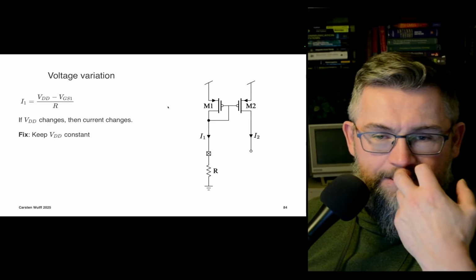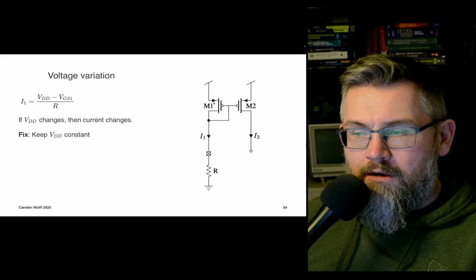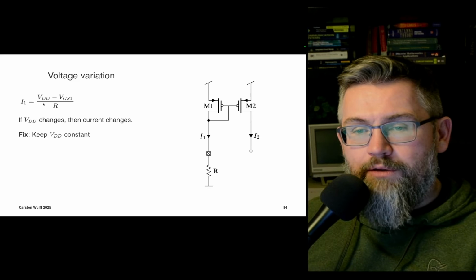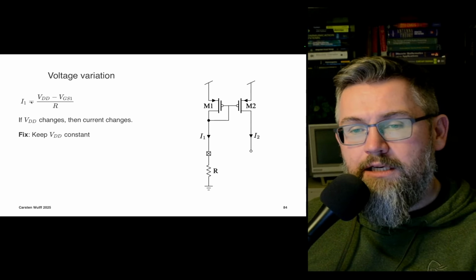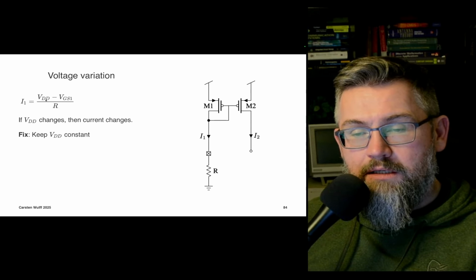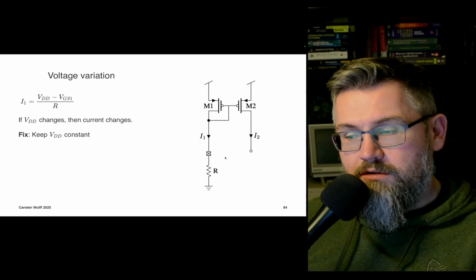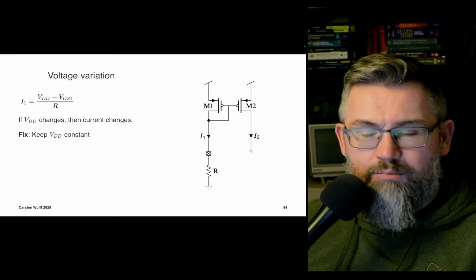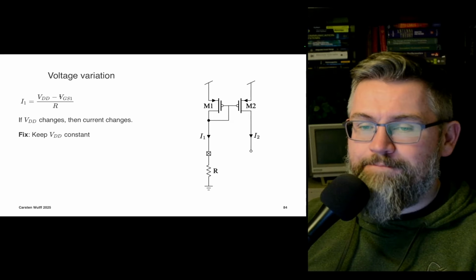So voltage variation. Obviously, if we change the VDD, the VGS might change a little bit since we change the current, but the current is given by VDD minus VGS divided by R. As we increase VDD, that increases the voltage across the resistor and changes the current, and that's going to change the VGS, but not as much, because that's a square law, potentially, or it might be exponential actually.